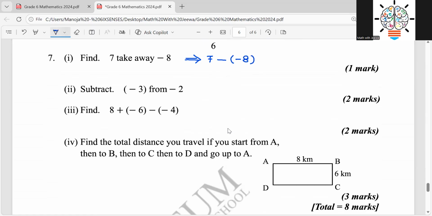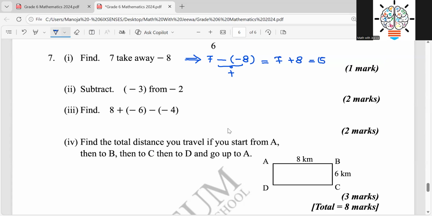Okay, please be mindful. Again, this is from the directed numbers lesson. 7 take away negative 8. Then negative and negative, that becomes positive. Then you rewrite this. 7 plus 8, the answer is 15.